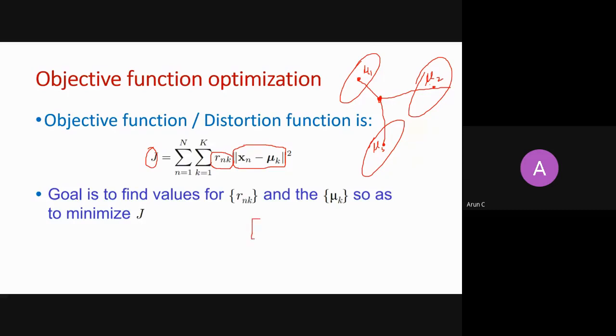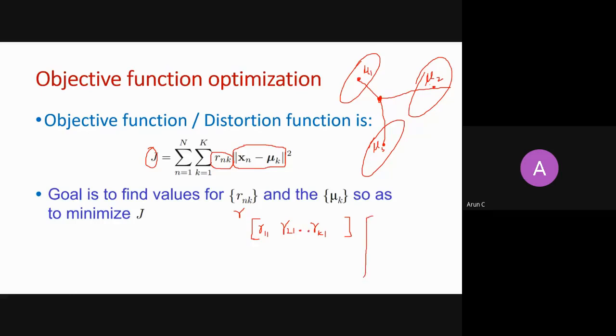So this is my one hot vector for Rn, this is my R vector, right? So this is R11, this is R21 because I have taken a transpose, and this is R some K1.